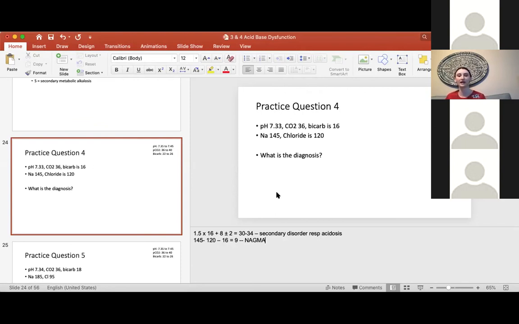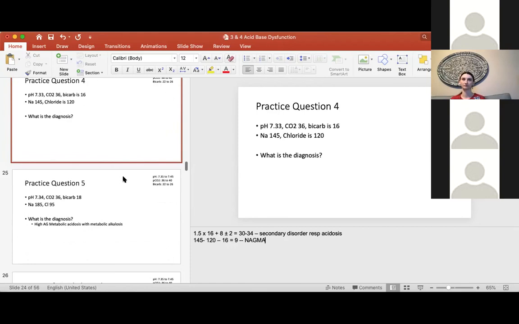So see how you can easily get bogged down in these. They take like forever, but they weren't that hard on the test. I think you might have had to calculate maybe a Winter's formula or a HAGMA or something like that on the TBL, if I can remember.